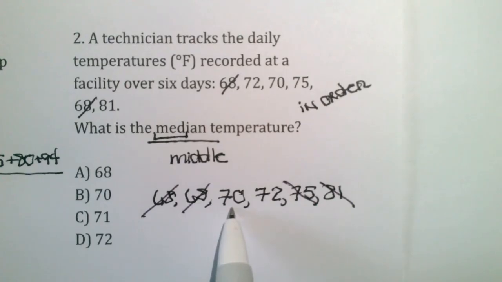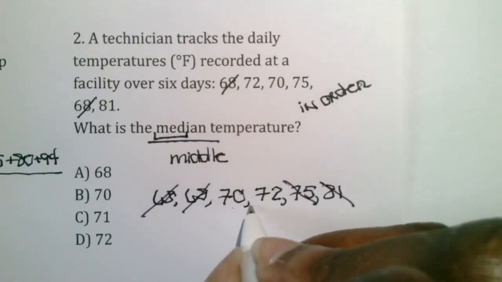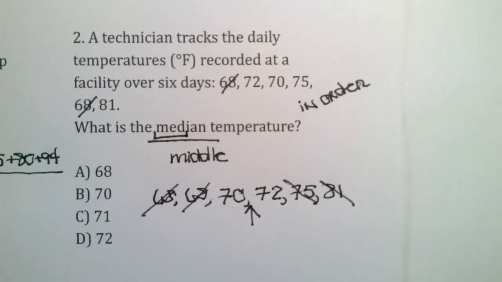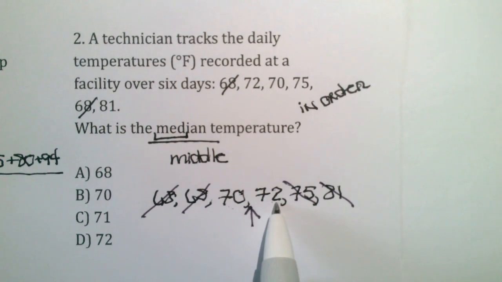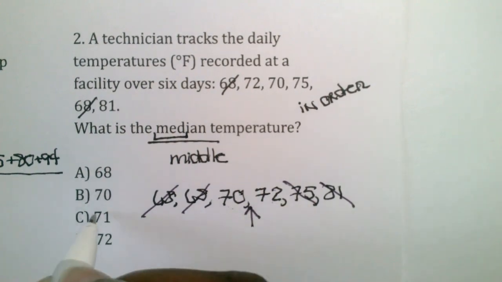Well, take a look. We have 2 numbers, so that means my median is somewhere in between those 2 numbers. Well, we're lucky to see 70 and 72. So what number is in between 70 and 72? That would be 71.